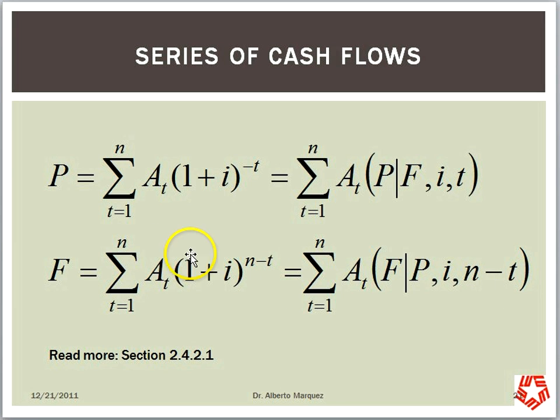Now this would be cumbersome, or tedious, if we have a very large N. That is, we would need to compute this several times, once for each one of these cash flows, and it would be time consuming. So what we would like to do is use a formula that relates these, including the summation. Unfortunately, we have those formulas.